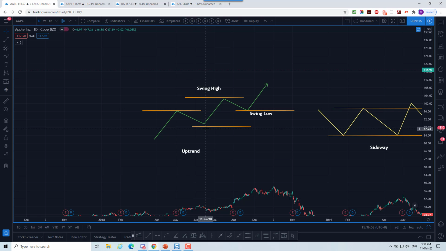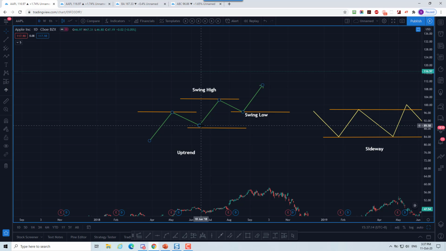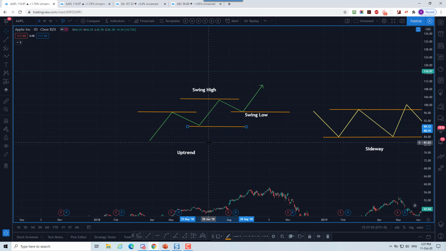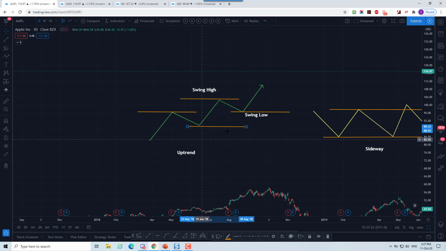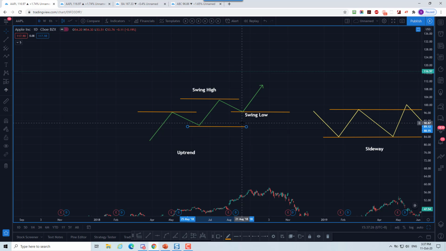Support is actually a buying area, not a line, it is a zone, where the decline is stopped and overcome by the buying pressure that causes the price to advance. You'll notice in an uptrend, the price always gets supported, meaning the price will not breach the support level or the swing low in this example.